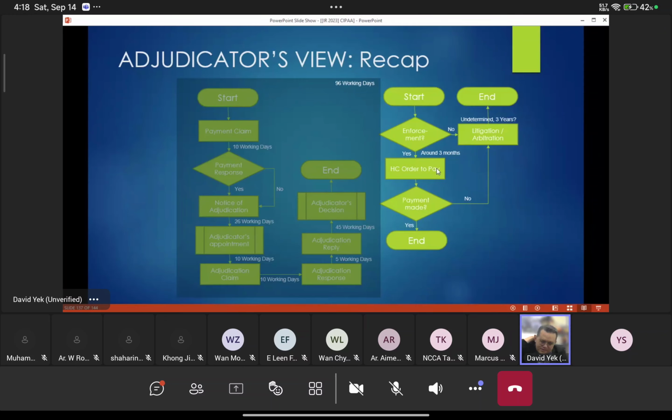If you are not able to get the enforcement, that means you go to full litigation and arbitration, and the matter is in there. And then after you get the court order to pay, the question is whether the payment is made. If the payment is made, yes. If no, you still go to litigation and arbitration, and the matter is there. So this is the whole journey on SIPA.